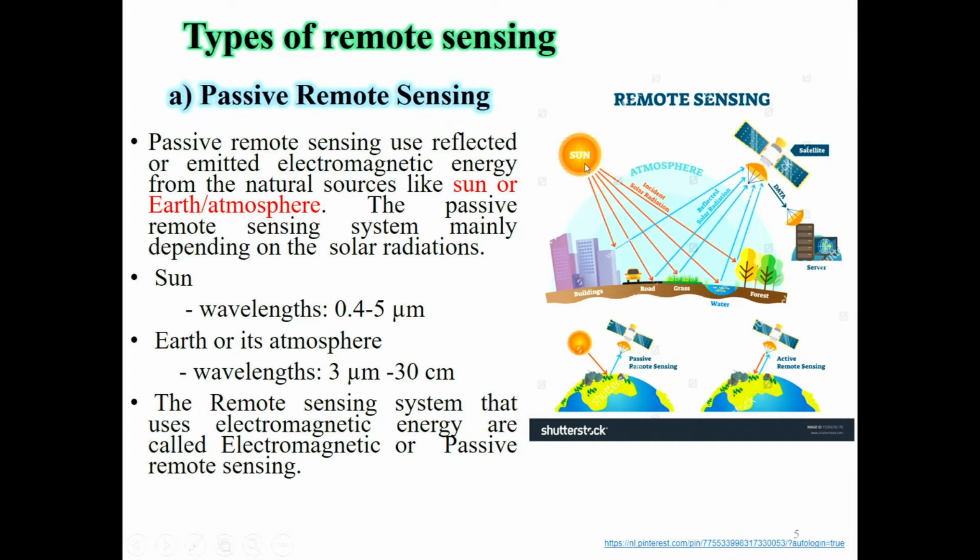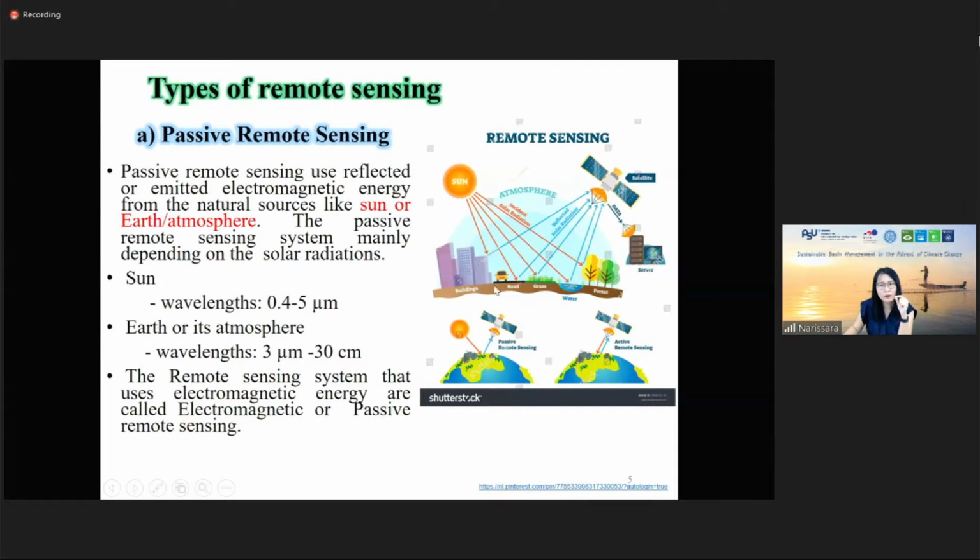When the radiation touches an object like a forest, building, road or car, some radiation is scattered back everywhere. Some scatters back to the atmosphere, some back to the sun, and some, of course, back to the satellite. We have the satellite in space, right?